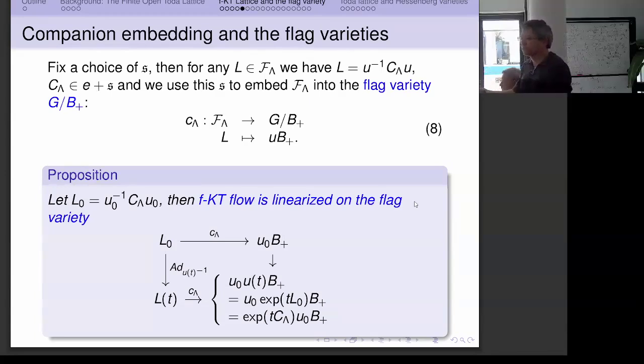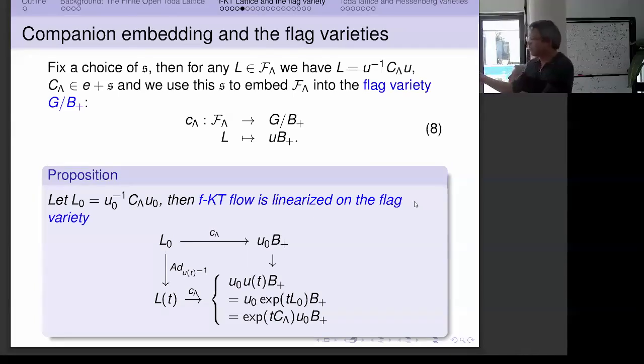We can find this lower unipotent matrix U naught, giving me a point in the flag variety. And as I showed you before, when we solve this linear Toda system on the left, we're using U of t inverse conjugated, and we get L of t. So that means L of t, when I want to conjugate it to the normal form, I need to use U naught times U of t.